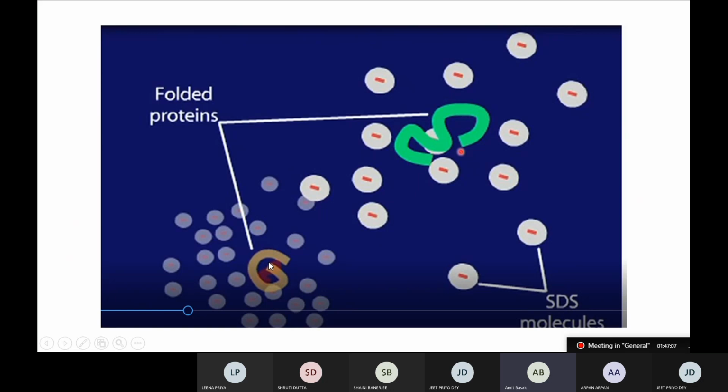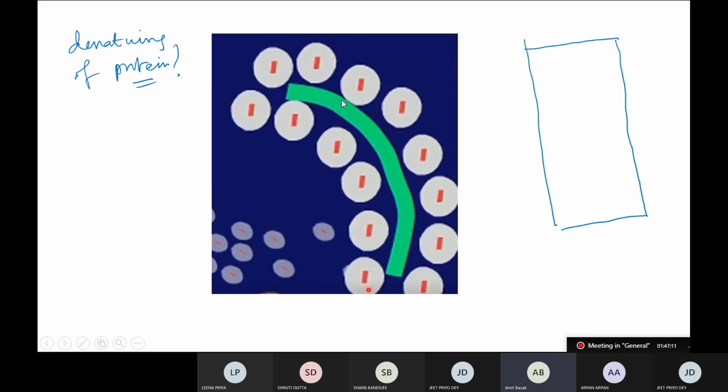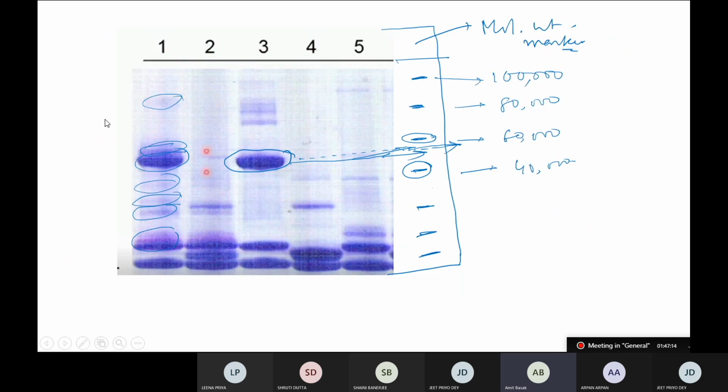Everything is disrupted, and you ultimately get a denatured protein. So SDS PAGE is also called electrophoresis under denaturing conditions. The disadvantage is that if you isolate this protein, you will not get any activity from it.